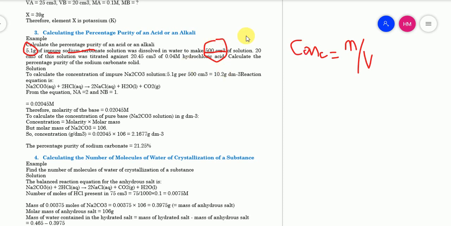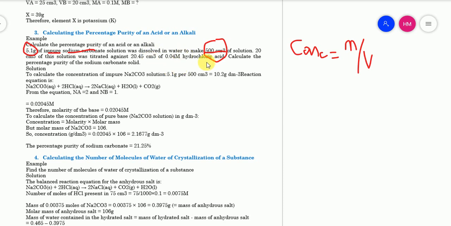Now 20 cm cube of this solution which is impure, kwa zimetengenezwa cm cube 500, 20 zikachukuliwa zikaenda kufanyia titration na ngapi? 20.4 cm cube of 0.04 M HCl.